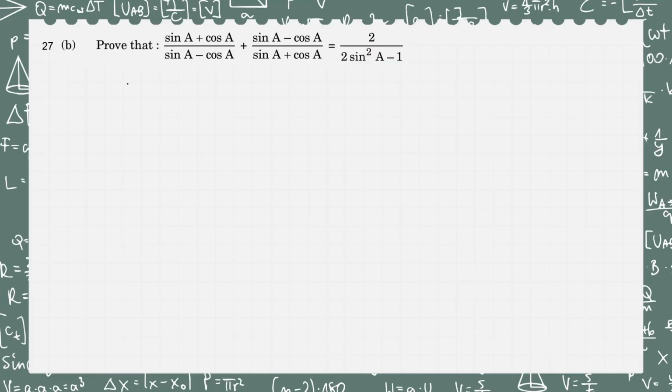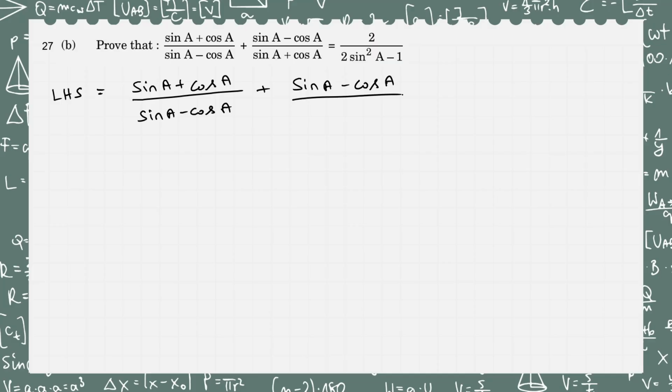So we are going to start from the left hand side only. So let us start from there. LHS equal to sin A plus cos A divided by sin A minus cos A plus sin A minus cos A divided by sin A plus cos A.